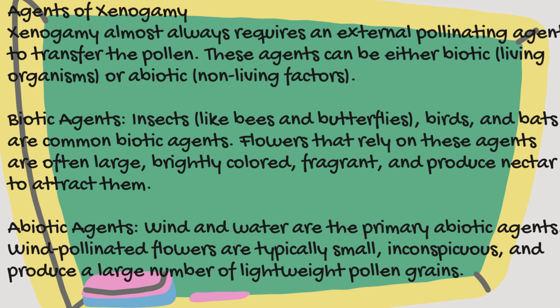Now, the abiotic agents. Wind and water are the primary abiotic agents. Wind pollinated flowers are typically small, inconspicuous, and produce a large number of lightweight pollen grains.